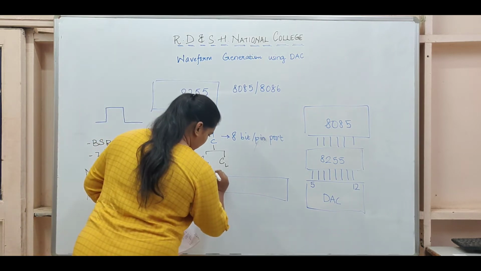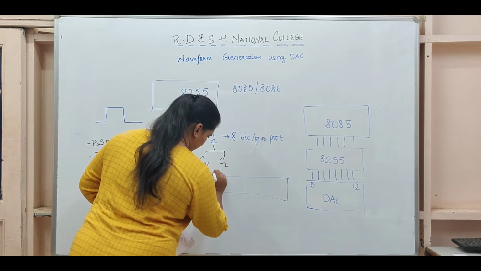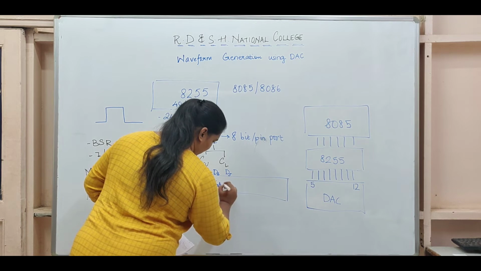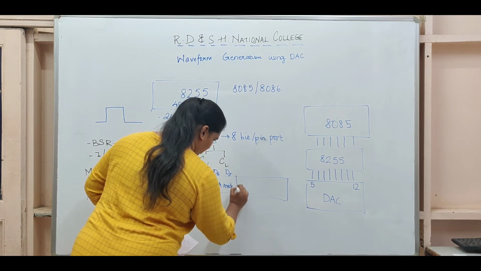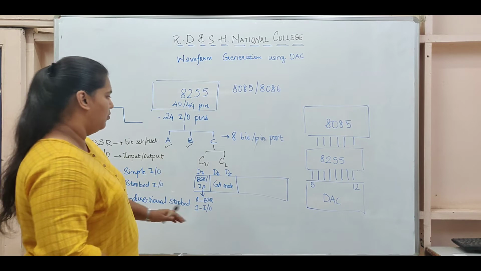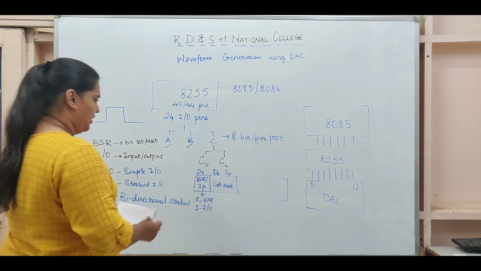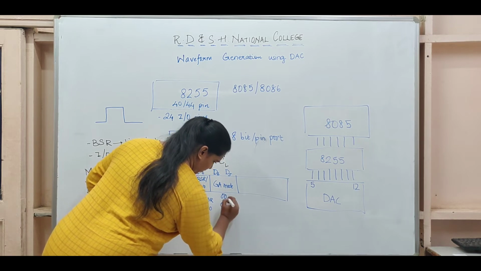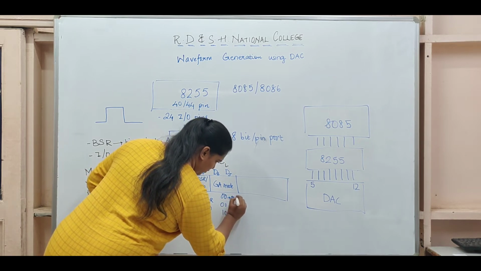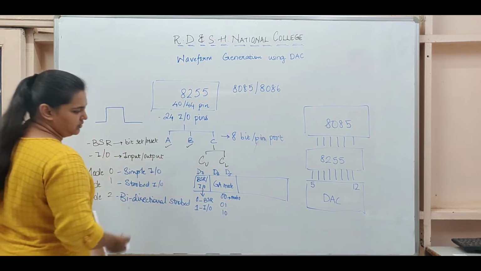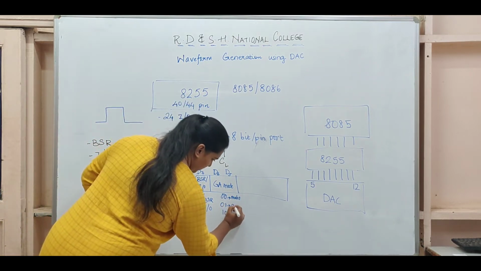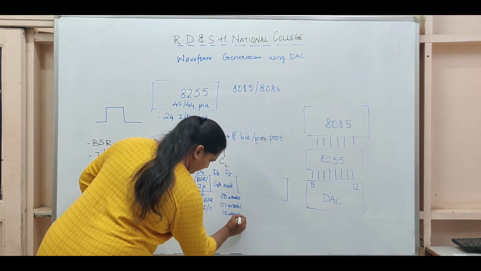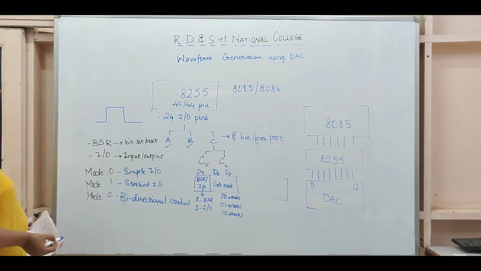Since I want to work in IO mode, this bit for us will always be 1. Followed by that, D6 and D5 define group A mode. They define what mode port A will work in. Here you can have values 00, 01 and 10: port A works in mode 0, mode 1 and mode 2 respectively.